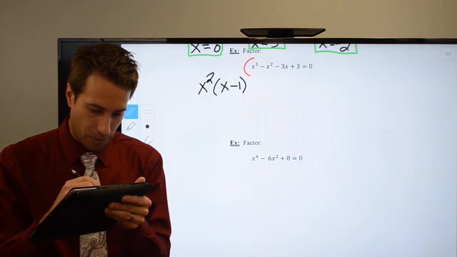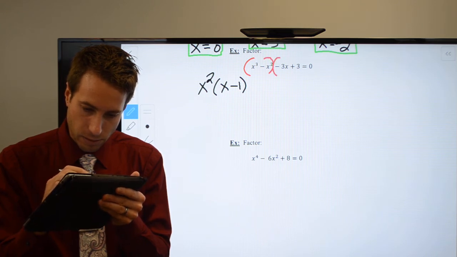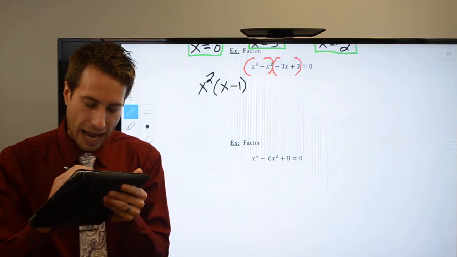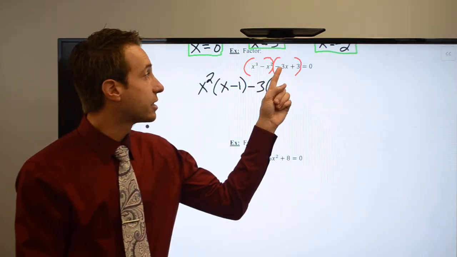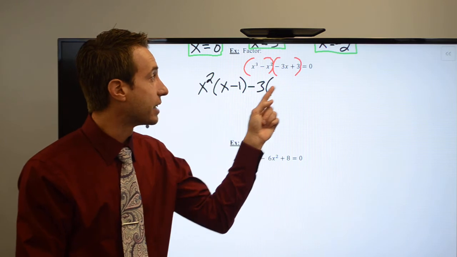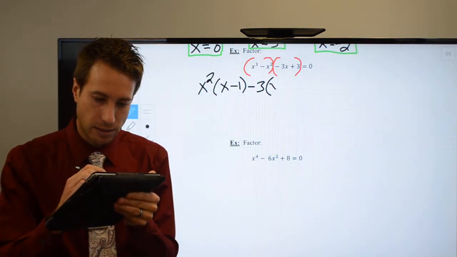Let me redraw my parentheses. There we go. So I pulled out a minus 3, right? So a minus 3x divided by a minus 3, right? Negatives cancel, leaves you with a positive x.